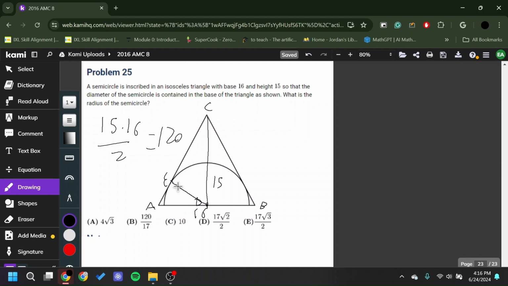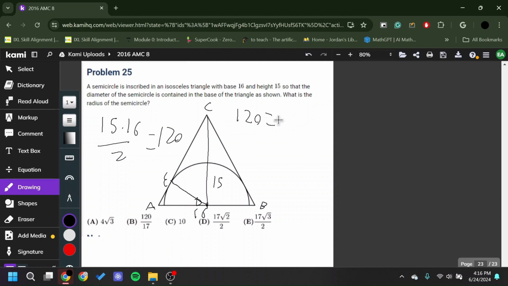Since it's the radius, it's also equal to DA. So we can make an equation that 120 is equal to, so the area is equal to base times height over 2, normally. But since it's half of the triangle, we won't divide by 2. We'll just keep it as it is.